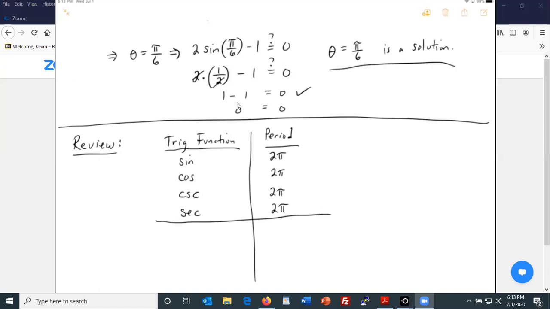That means they're going to cycle over and over and over. They're going to do the same thing over and over. They repeat themselves. So that means the sine function at now will equal the sine function at a later point. And then it will equal another later point because it just keeps repeating itself. Okay? So the period there is 2 pi.